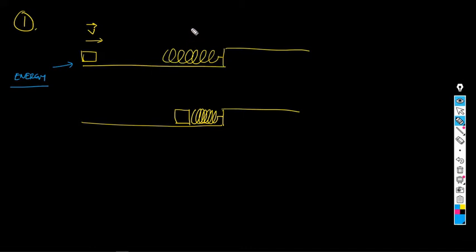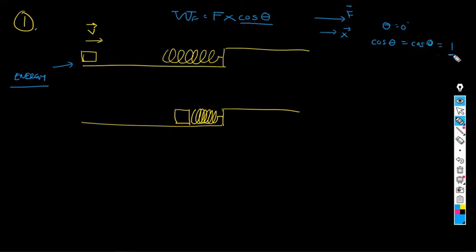But remember, what is work? Work is basically applying a force on something, and that something being displaced a quantity x. Now you must remember that we also have in here another factor, which is the cosine of the angle between the force and the displacement. But in the case of the force and the displacement being parallel, you must remember that the angle was 0 and that the cosine of that angle was always equal to 1.